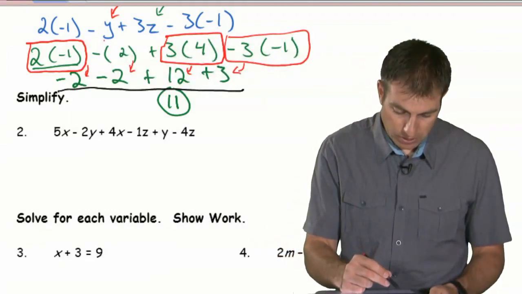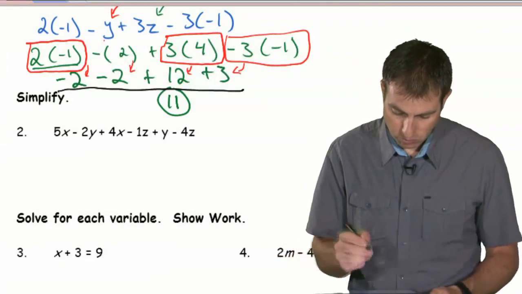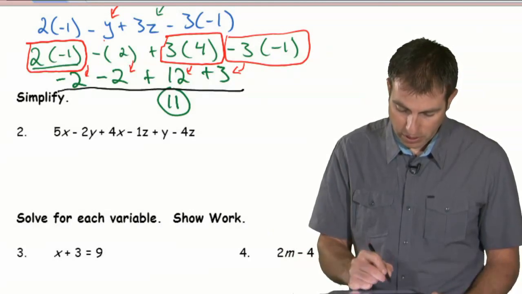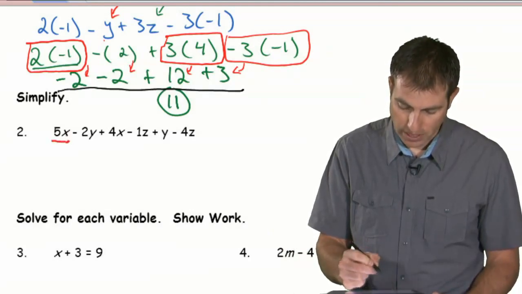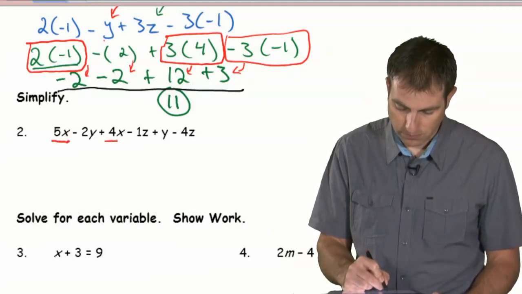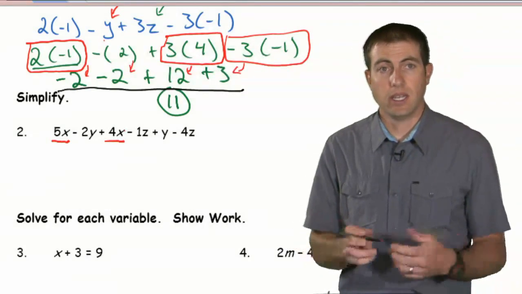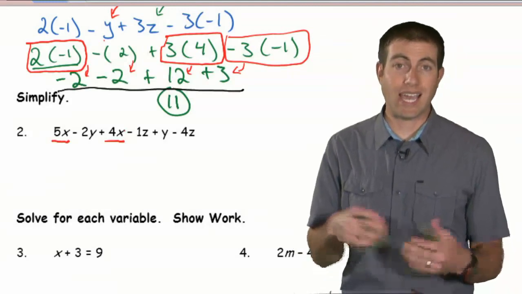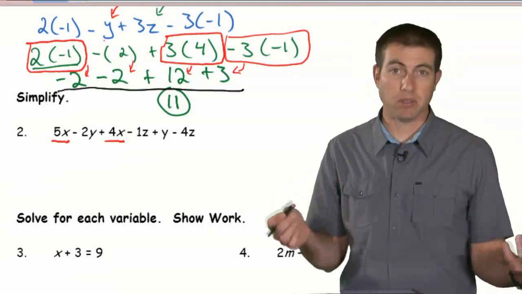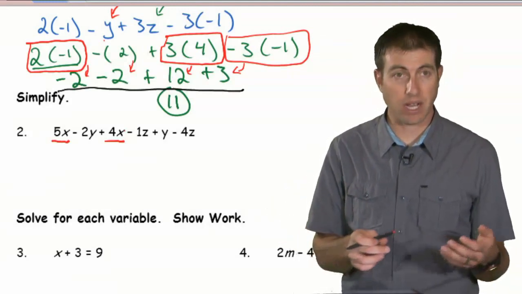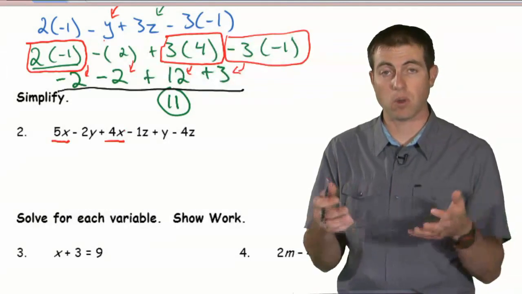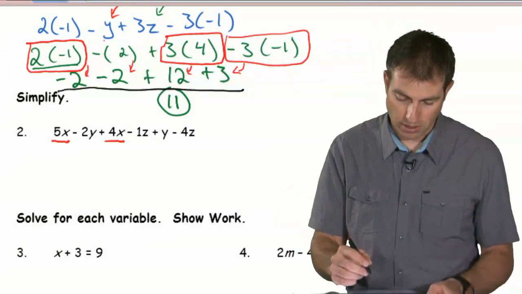So if we look, I'm just going to take my red pen here, and I'm going to underline all of my x's. So I have 5 x's there. I have 4 x's there. Those are my x's. If it makes more sense to talk about like apples, then pretend the x's are apples. How many apples do we have? Well, we have 5 apples, and then we have another 4 apples. So we're going to add those together in a second.